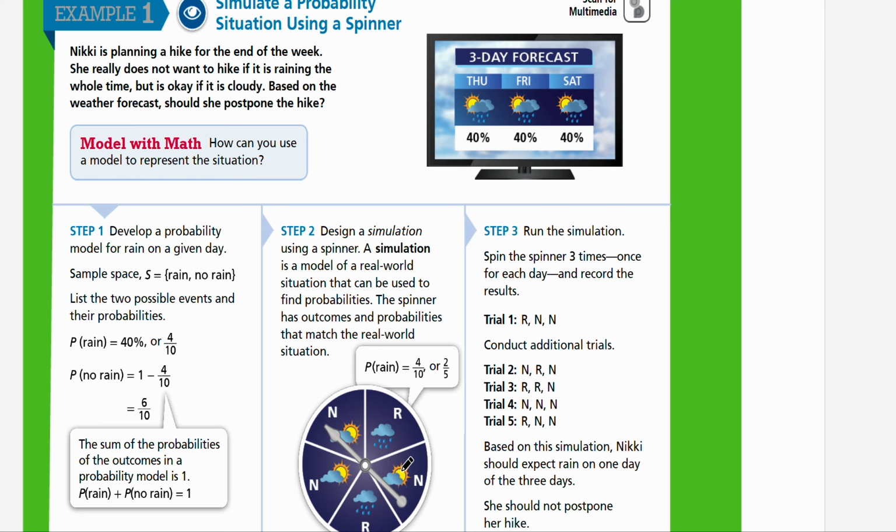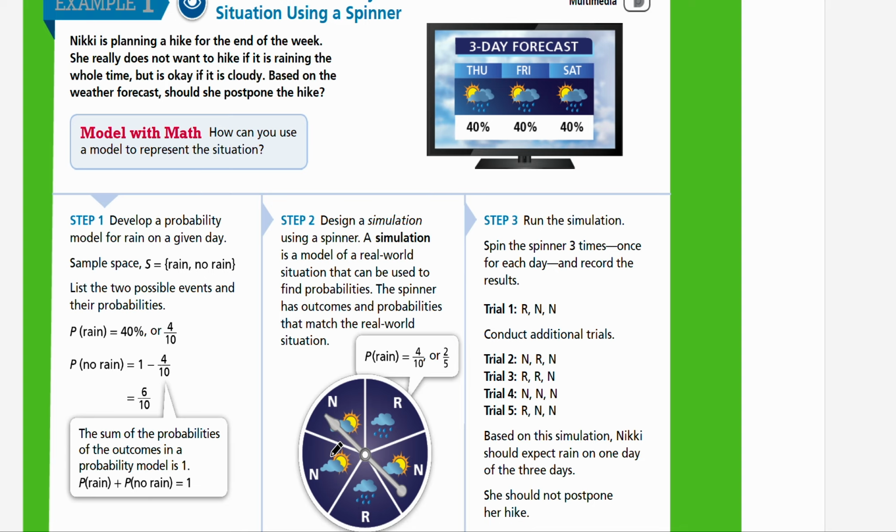Raining would be 40%, so we could have 2 out of 5 on our spinner that are rain, and 3 out of 5 would be 60%, right? Without raining.